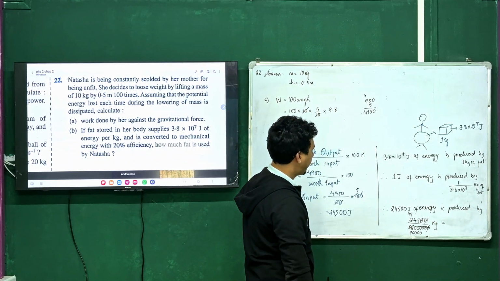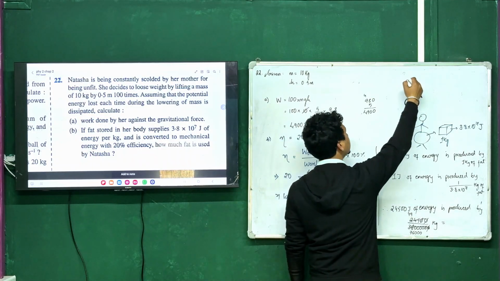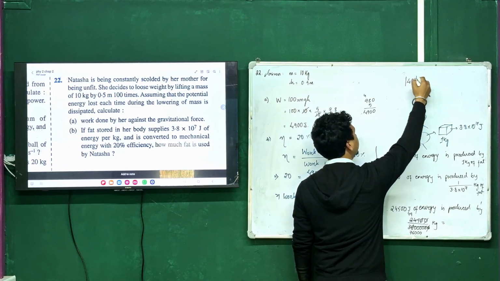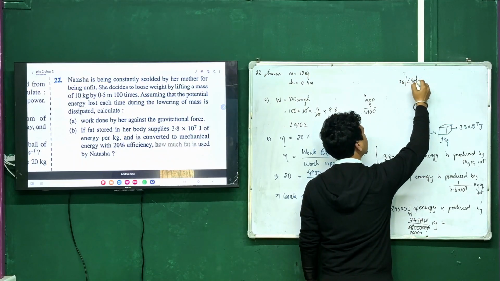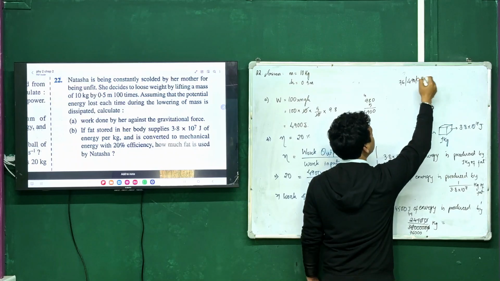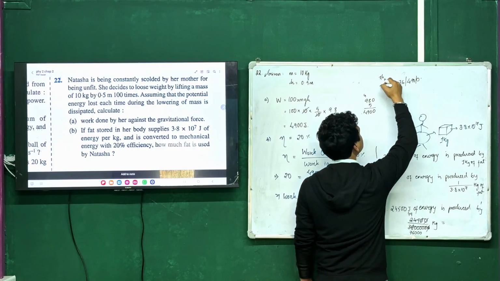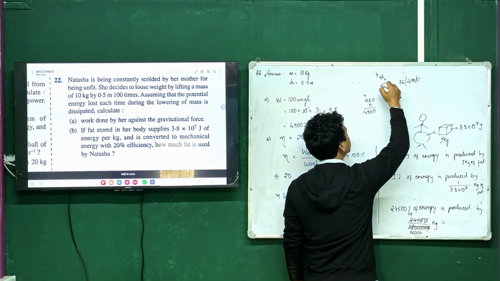It's not divisible. Okay, so let's divide this. 49 divided by 76. So 0 point. So here will be 0. 176. 6, 6, 3, 42.